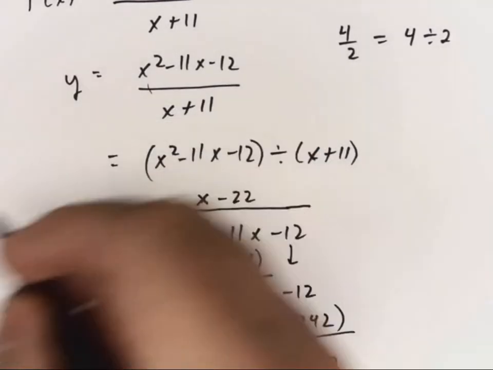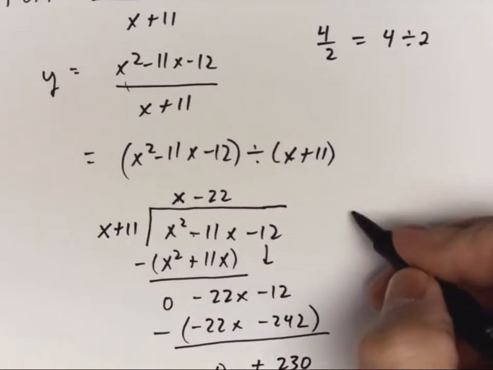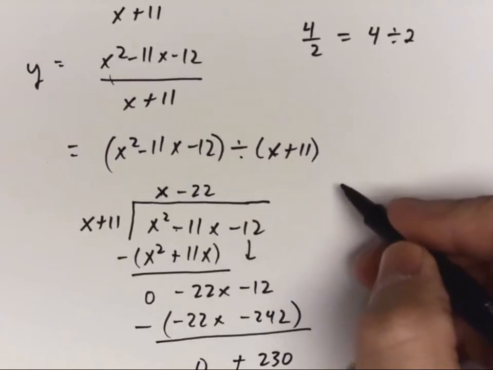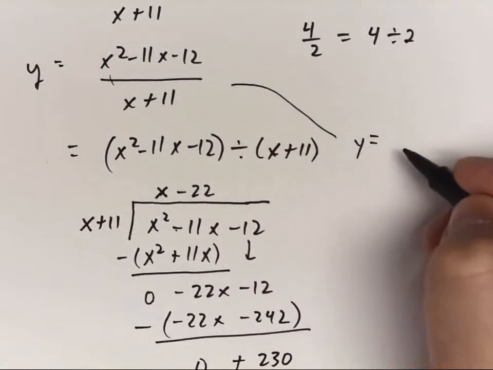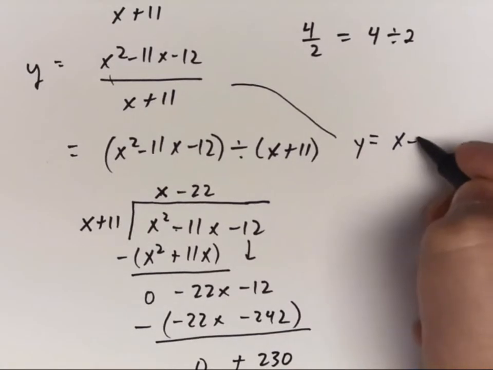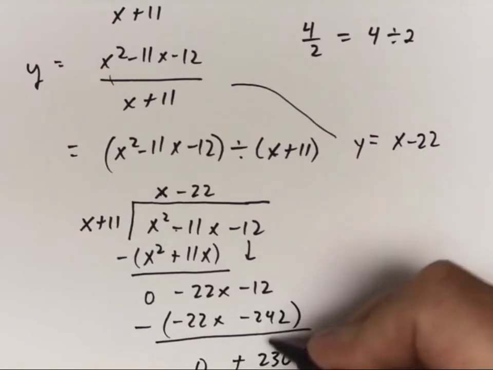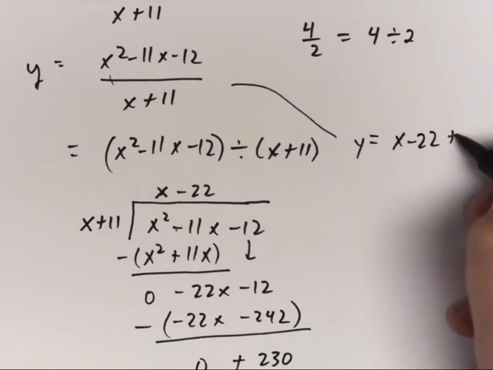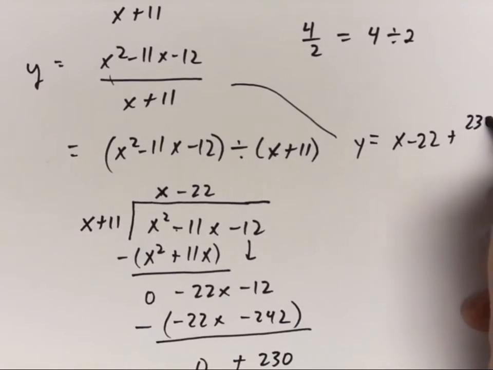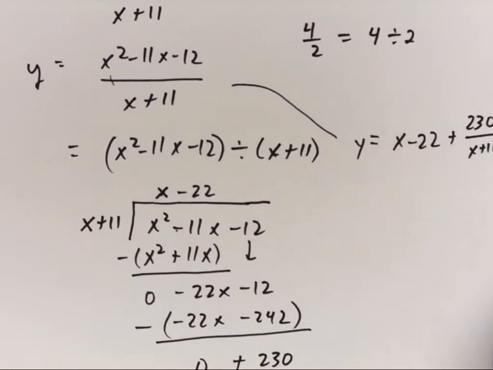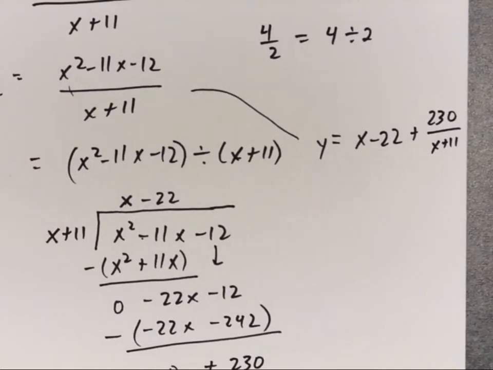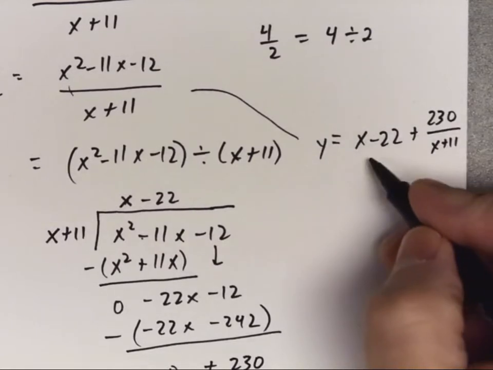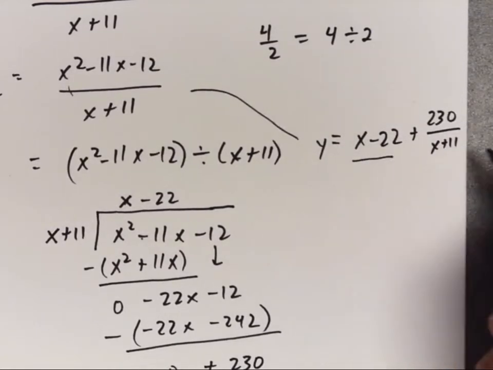So what we're saying is, when we do old-fashioned division, what I've just discovered is this whole thing is x minus 22, and this is like my remainder, plus 230 over x plus 11. So when I divide it, I get the main part here, and then I get the remainder.